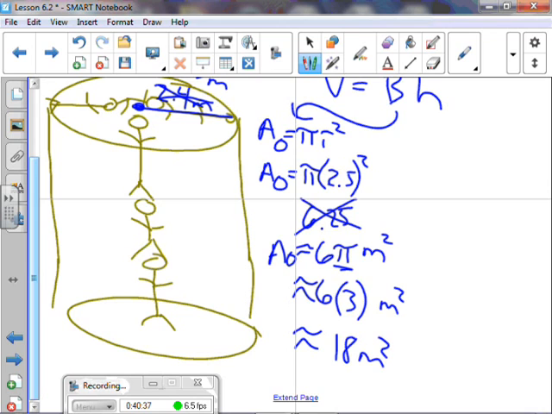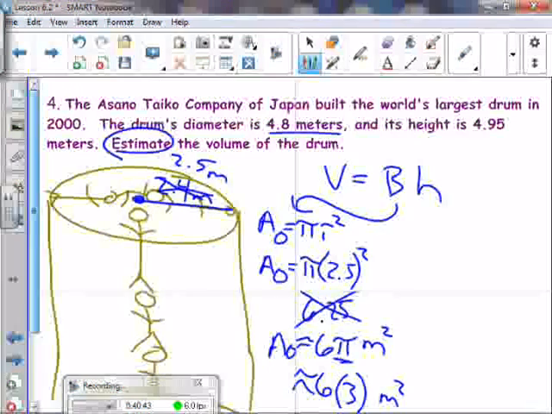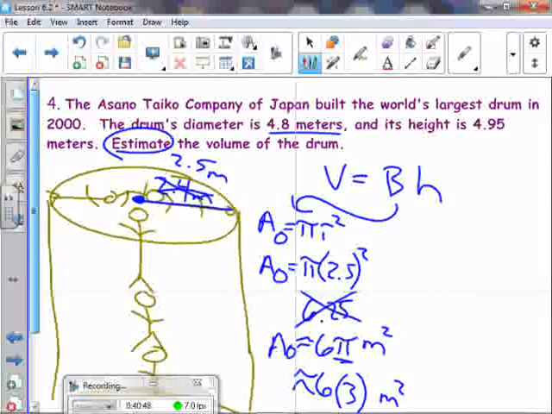Now I'm going to very quickly do the exact area right now. So that is pi times the radius, which is 2.4 squared.